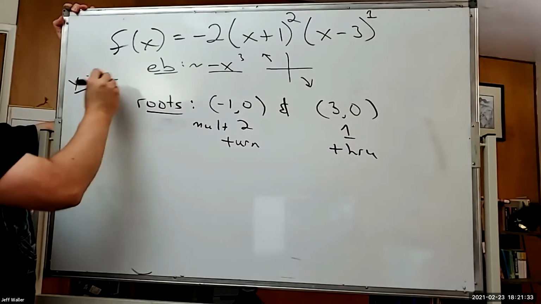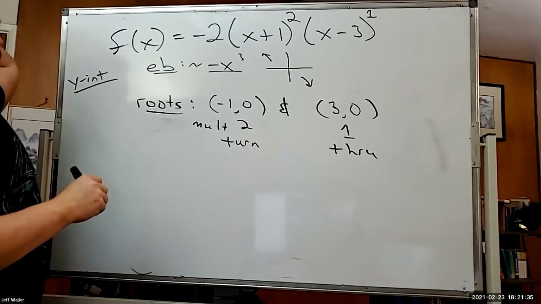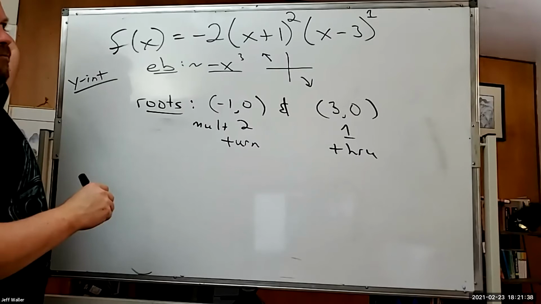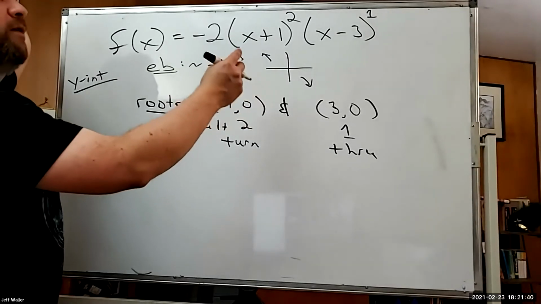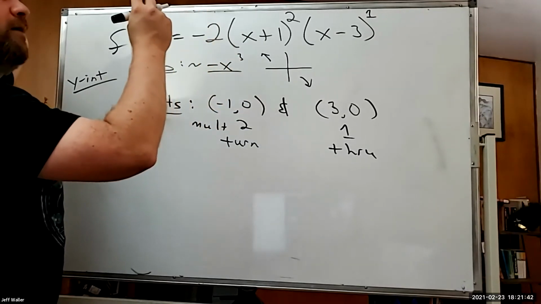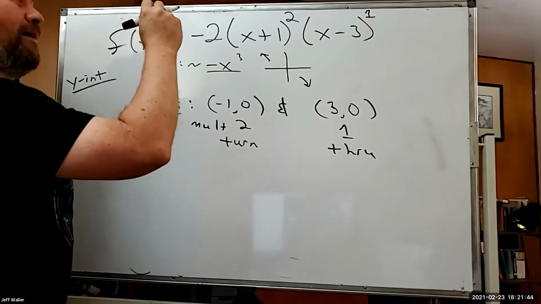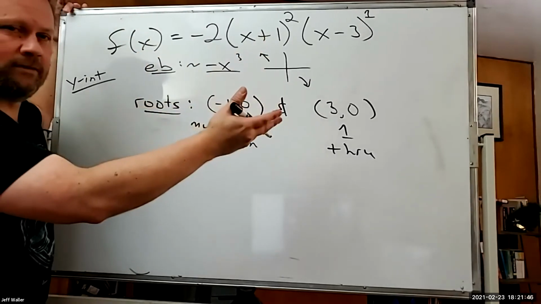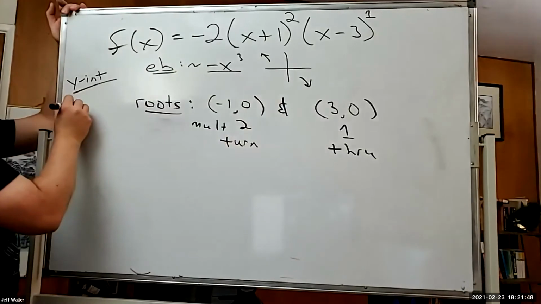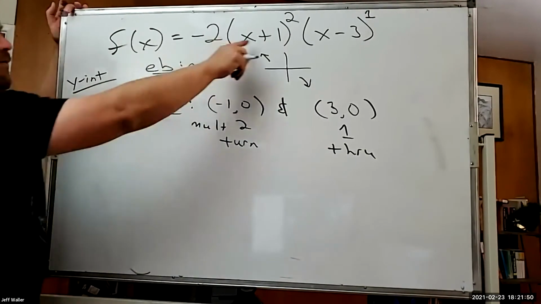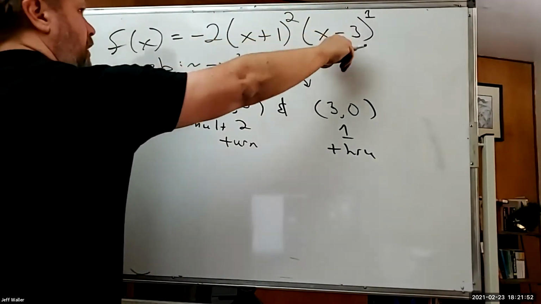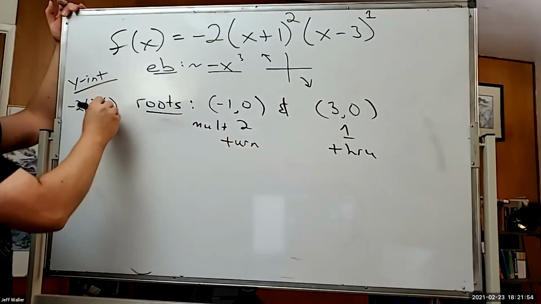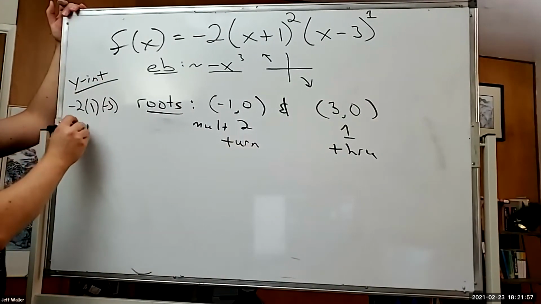How do you always figure out the y-intercept? Make x 0. So the y-intercept would be -2 times 1, times -3. So the y-intercept will be 0, 6.